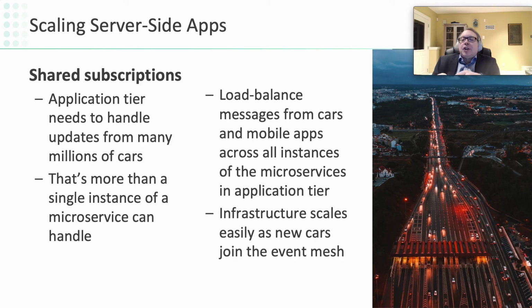That means you can start your infrastructure small with maybe a few instances of the microservice. And as you add more cars and you need more processing capacity in the back end, you can add more instances of the microservice, and then the messages just continue to be load balanced across all those instances. So it's a very powerful capability. It's supported for both the QoS 0, the non-persistent, as well as the QoS 1 persistent subscriptions.